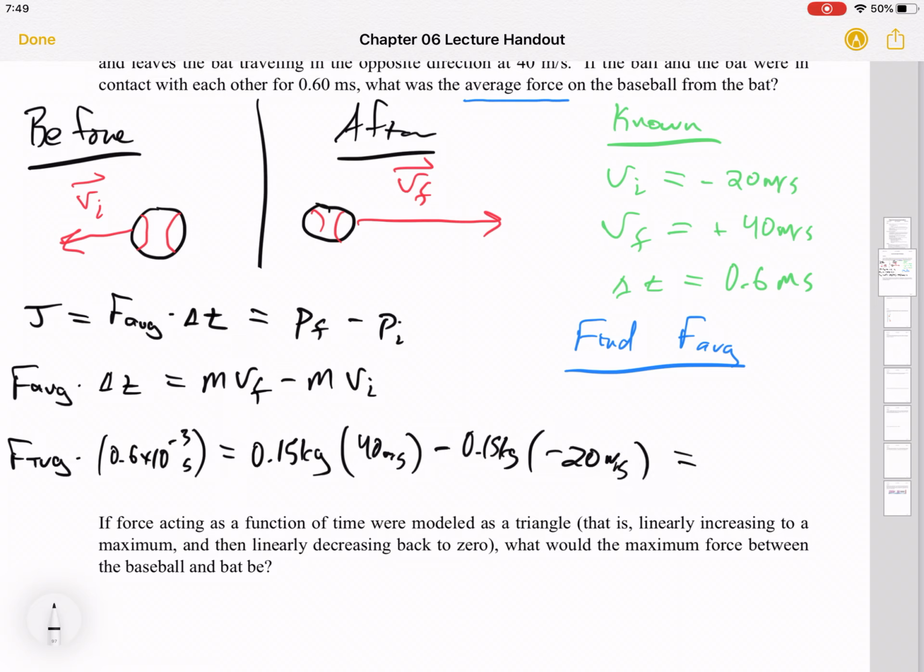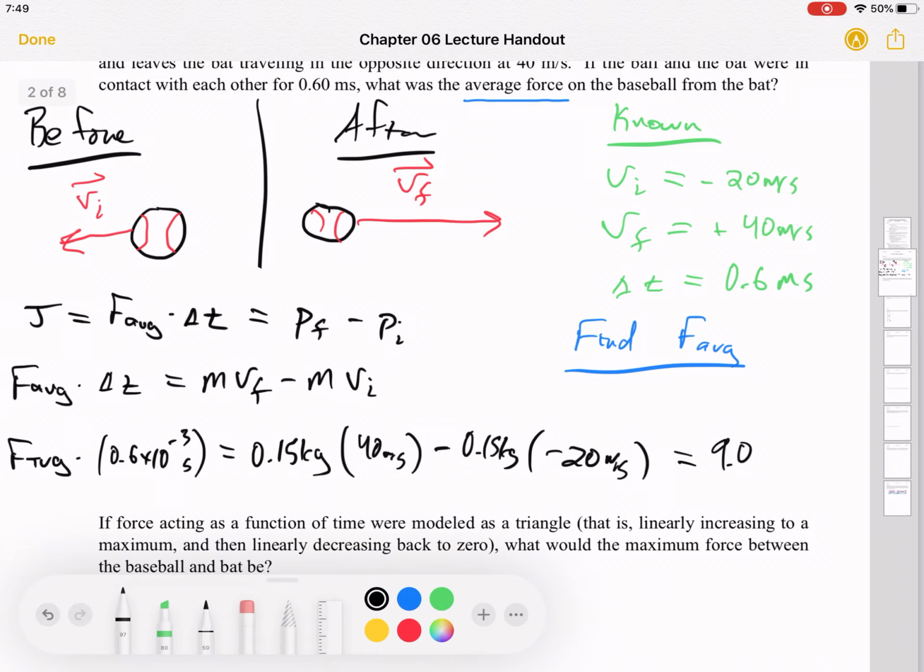If you do that math on the right-hand side, 0.15 times 40 minus negative 0.15 times 20, you get 9.0. What are the units on that? Well, it looks like it's kilogram meter per second.